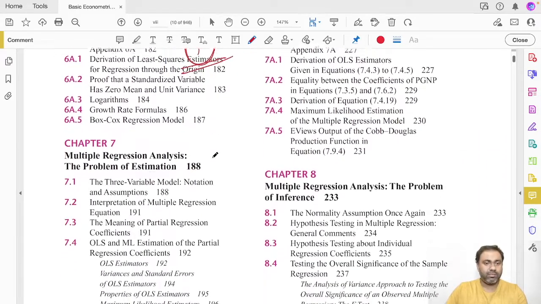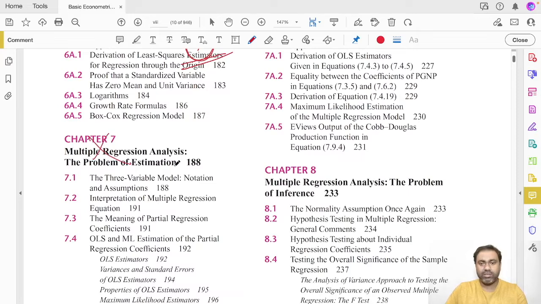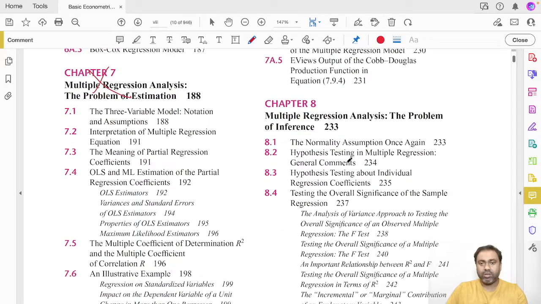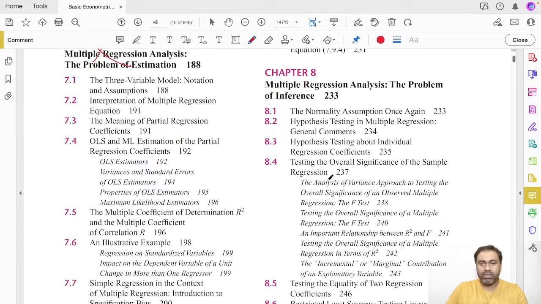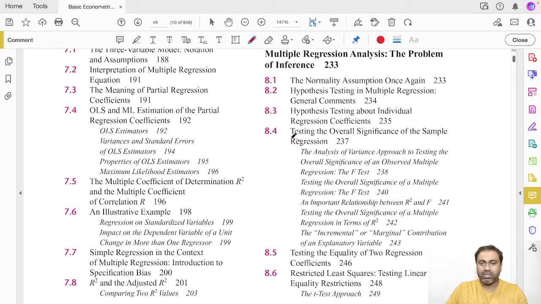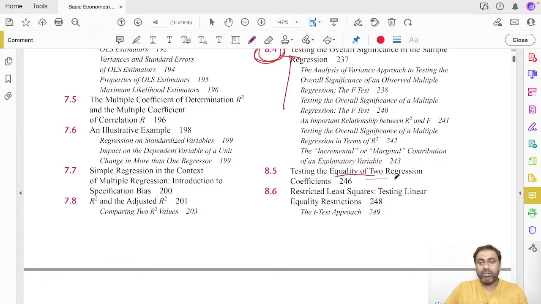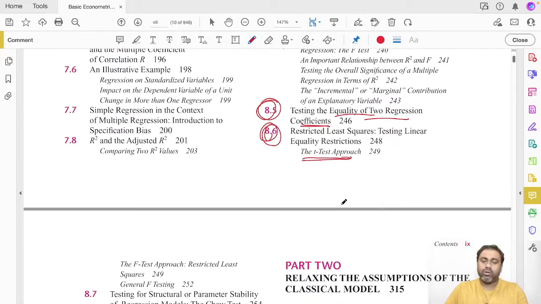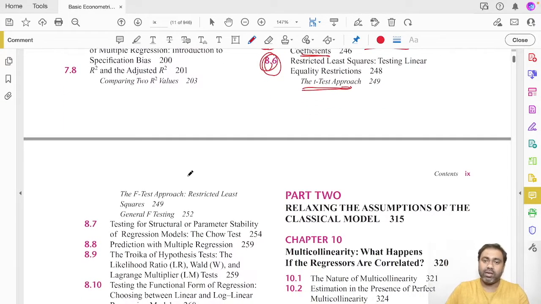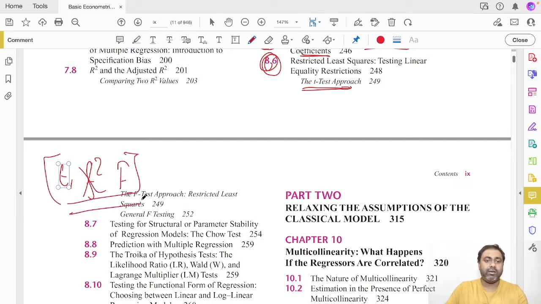Okay. And we can leave these chapters: multiple regression, normality assumption, analysis of variance. You should go through 8.4, analysis of variance. Testing the equality of two regression coefficients is important. 8.6 is important, a T approach. And also you need to understand why and how the T test, chi-square test, and F test are being used.